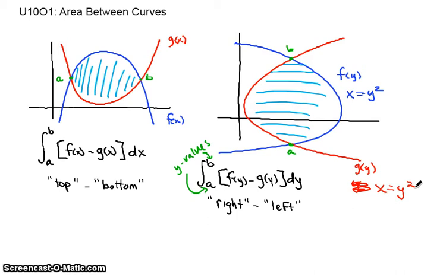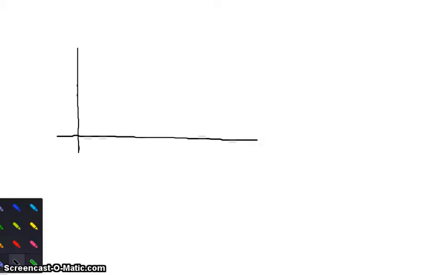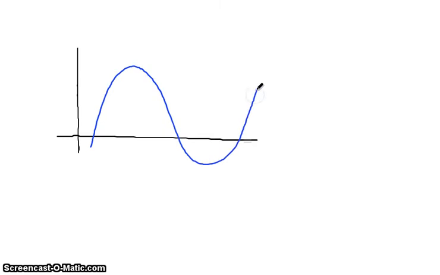Now there's one other thing that we have to be careful with when we're trying to find the area between curves, and that's if our functions change places as far as what's on top and what's on bottom. So if we have another couple of functions, so we'll call this first function again, we'll call it f of x. And then we'll call this second function g of x.